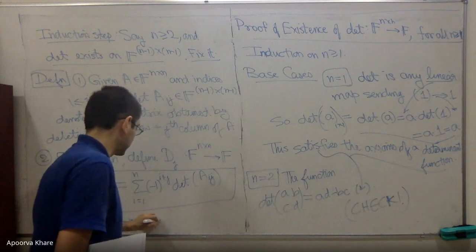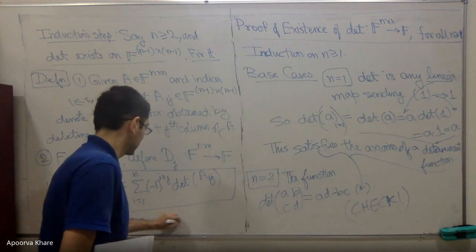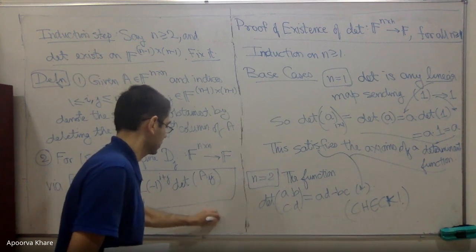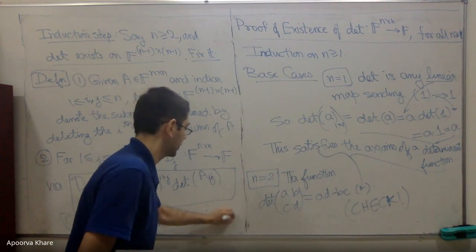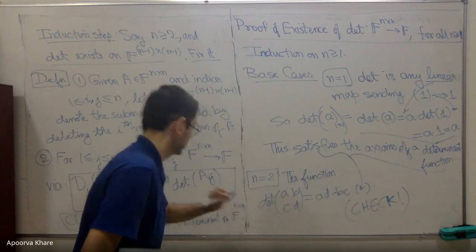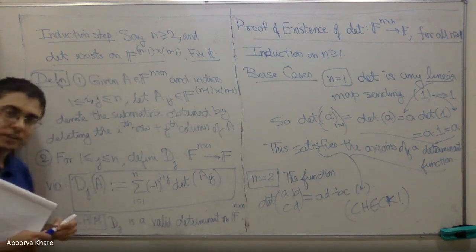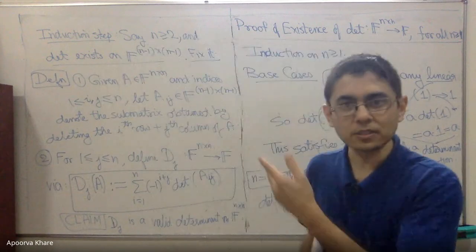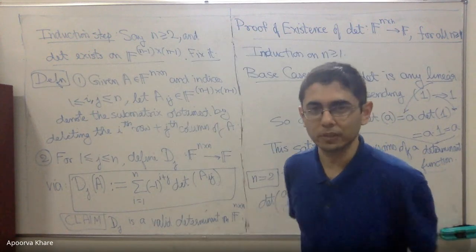I won't write that again, so I'll just say it is a valid determinant on F to the n cross n. That is the claim. So we will start next time by proving it, and that will finish the proof of the existence and uniqueness theorem for determinants.